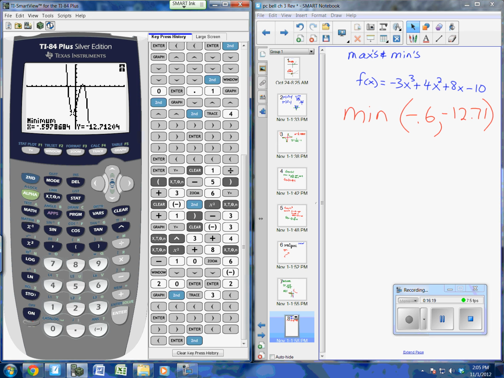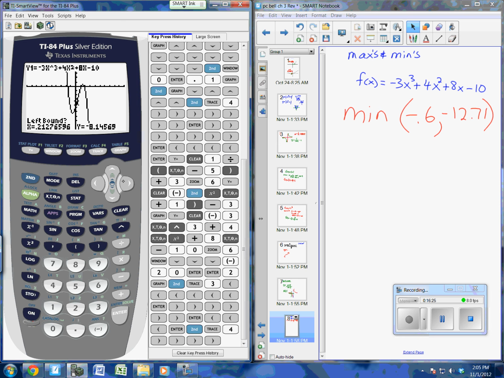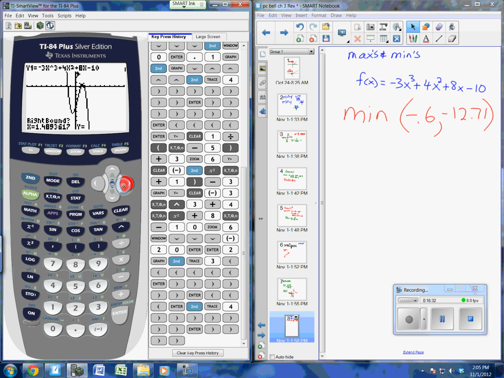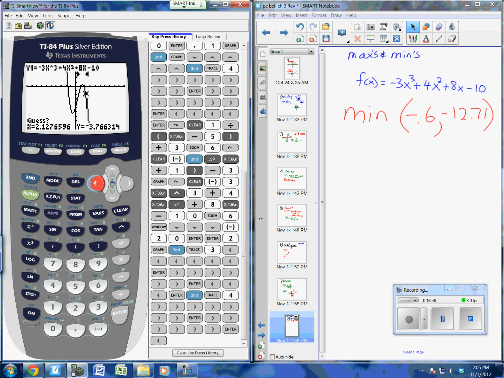Okay, my maximum, I hit second and the trace button. I go to number 4. I need to get a left bound. So I mark that. Now it's asking me for a right bound. So I mark that. And now it's asking me for a guess. I get close.